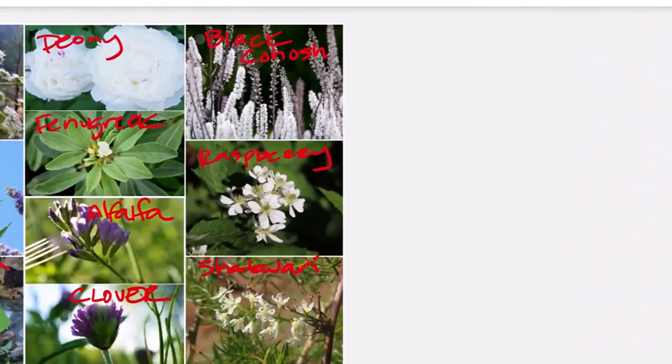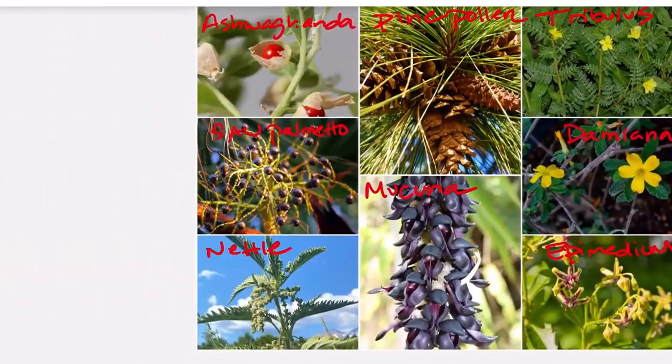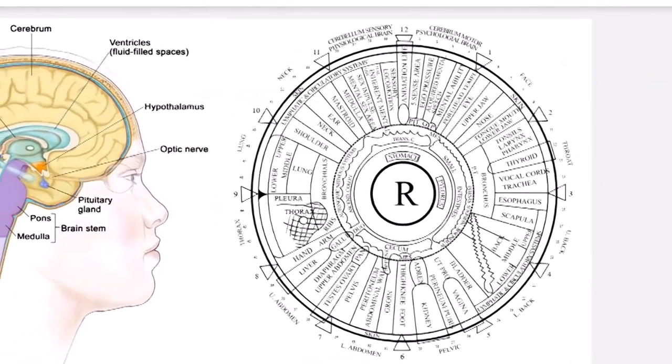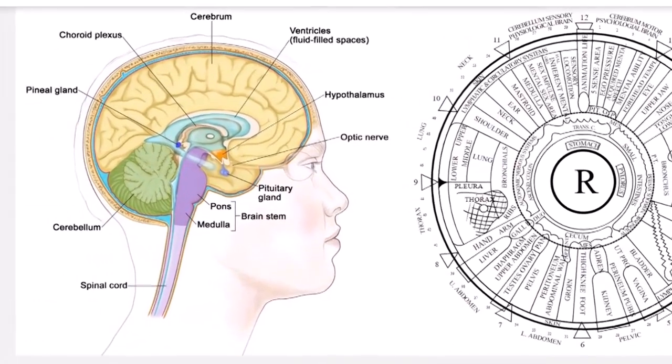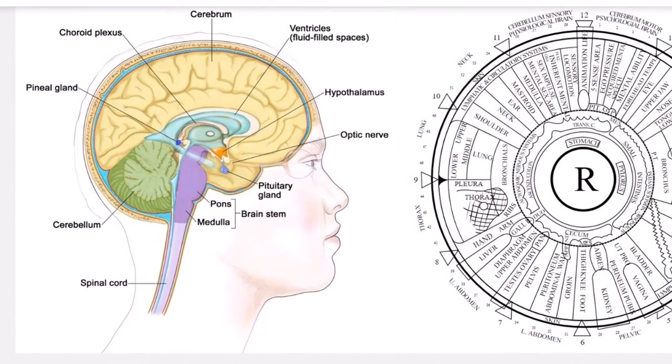So let's just go back and we'll look at our iridology chart first. Here we have the pituitary gland that sits posterior to the hypothalamus. You can see that intimate connection that the pituitary gland has to the hypothalamus.